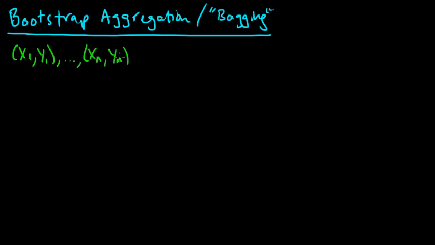So the y_i's are some real values, and let's suppose they are drawn independently from some probability distribution P. So we've got our data set, and then, as usual, we get some new point.